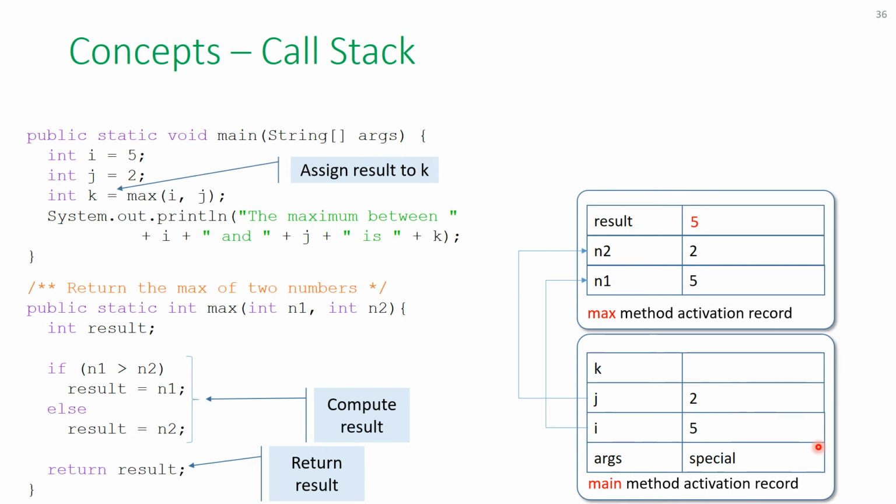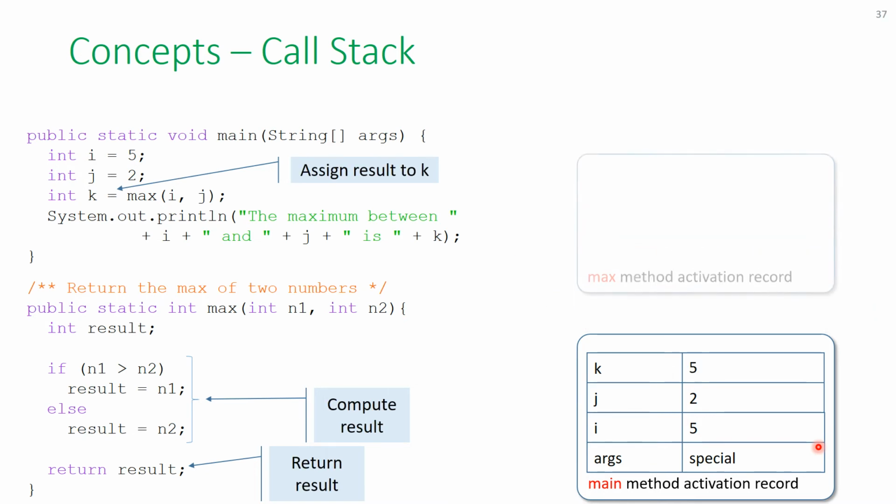So I return my result. The result value is assigned to k, so 5 is assigned to the variable k back in the main activation record. And then all of this is going to go bye-bye. That's why a stack. Stack it, unstack, pop, pop, disappears.